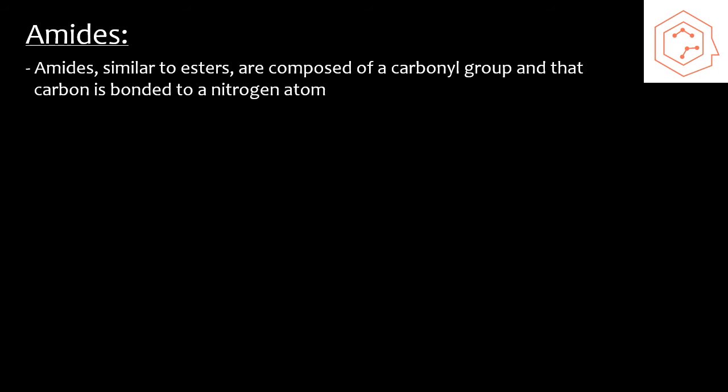So up next we have amides. Amides are very similar to esters. In fact, here's the structure of an amide, and on the right here I'll quickly draw the structure of an ester. In an amide, they're still composed of that carbonyl group, which is that C double bonded to an oxygen, but now that same carbon is instead bonded to a nitrogen atom, which in turn can be bonded to either an alkyl group or a hydrogen atom.